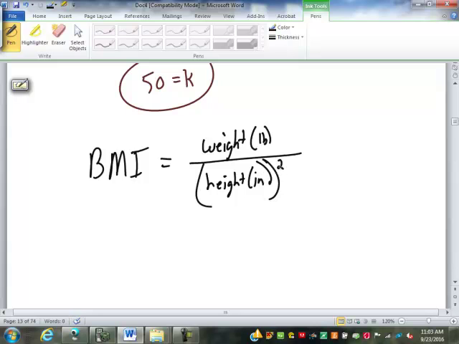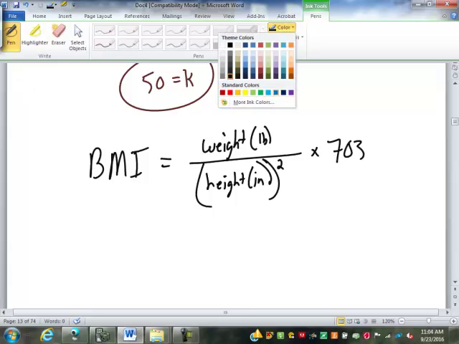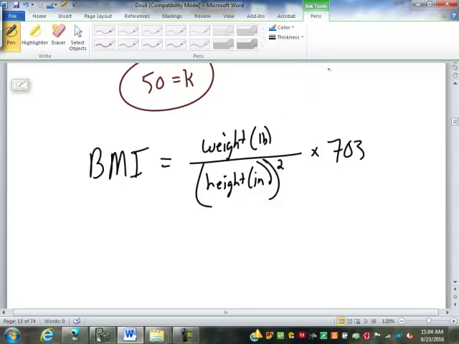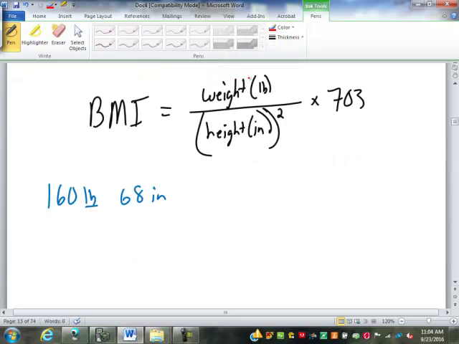So you square the height, then multiply by 703. So let's say we have a patient that comes in that is 160 pounds, and let's say they are 68 inches tall, 5'8". Let's find their body mass index, their BMI.